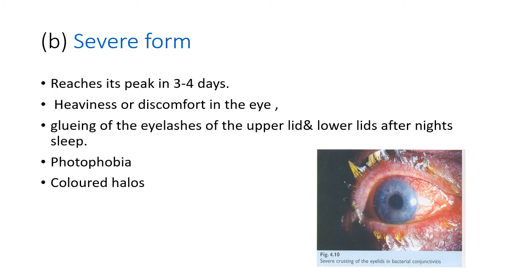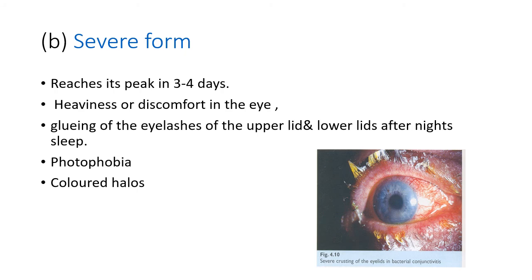So this is a viva question for you. Kindly tell us three diseases, three diagnoses, in which you get colored halos. One of the conditions is mucopurulent conjunctivitis, where the patient can complain he is seeing colored halos.